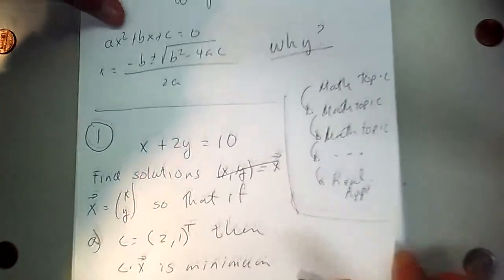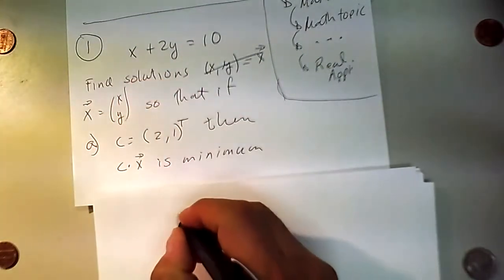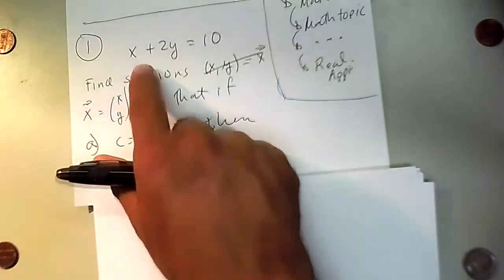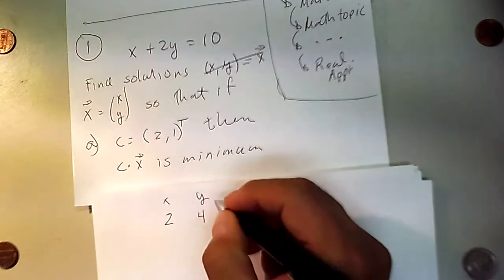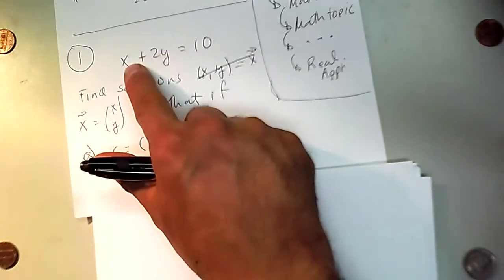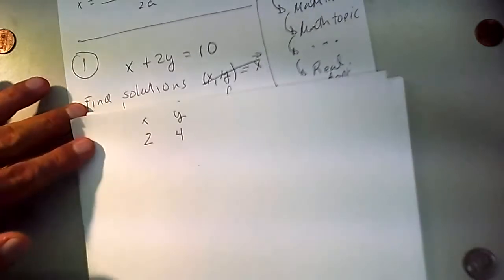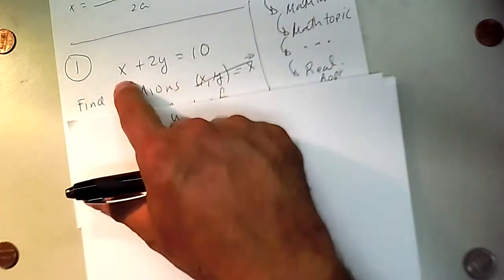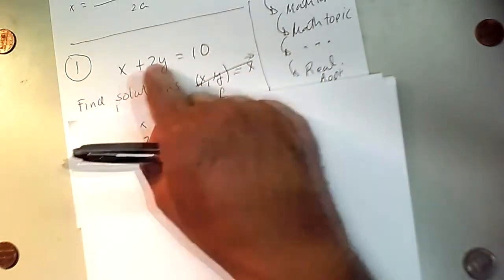So let's try to understand what is going on here. So there are many solutions of this. For example, if x is 2 and y is 4, oh, I said 3 earlier, but it should be 4 because that would be 8 and 2 is 10. That's one solution. Another solution could be 4, 3, because 2 times 3 is 6 plus 4, 10.